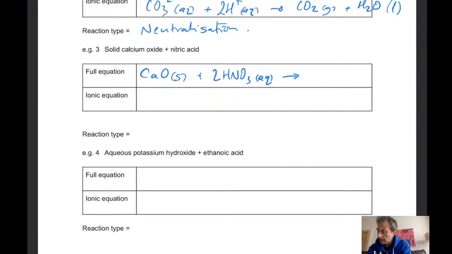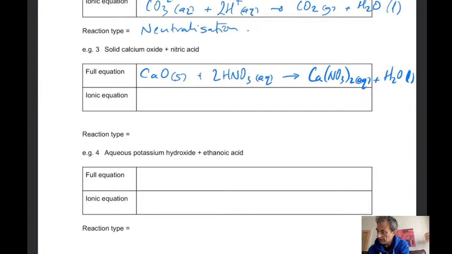Acids, alkalis are all aqueous. They normally would say in the question, there would be a hint to whether it's aqueous or not. Calcium oxide plus 2HNO3 goes to calcium nitrate, that's Ca(NO3)2, AQ and H2O liquid.